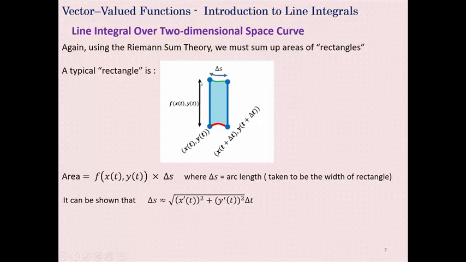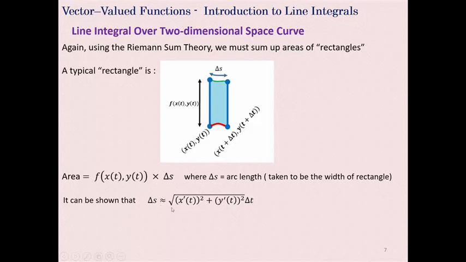And as before, the height of this rectangle will be given by the value of the function f at this point t. So it will be f of x t, y t. The width is the length of this part of the curve, the part in green. We call it delta s. So the area will be f of x t, y t multiplied by delta s.